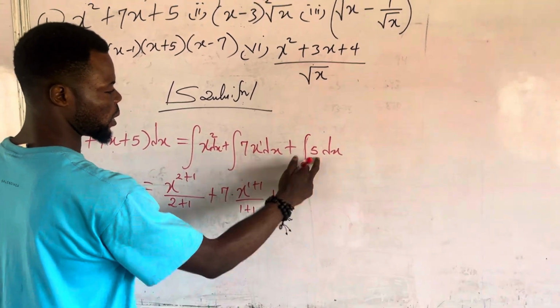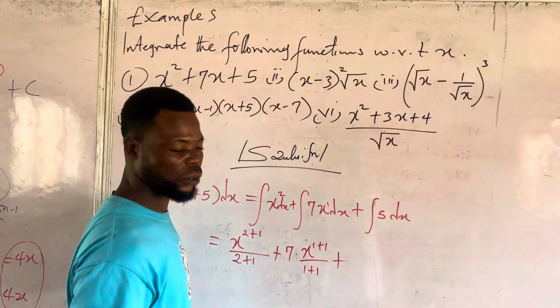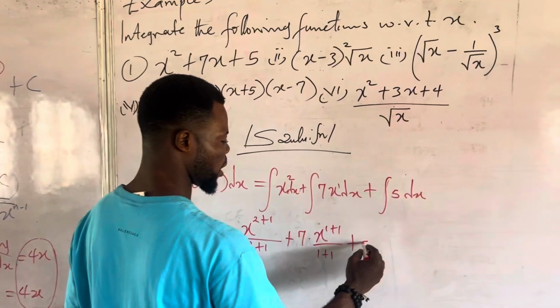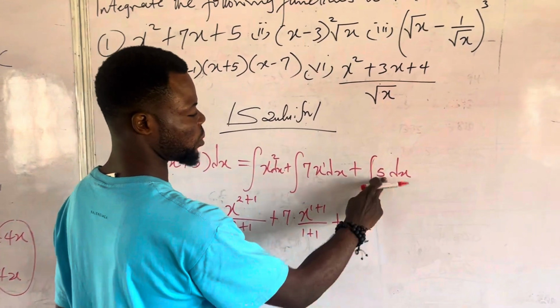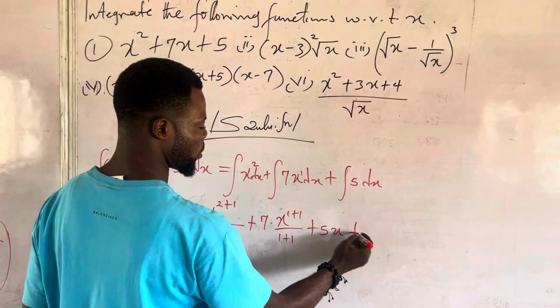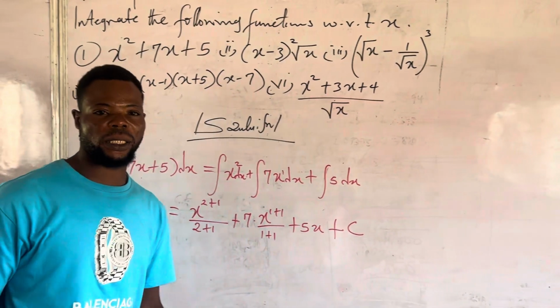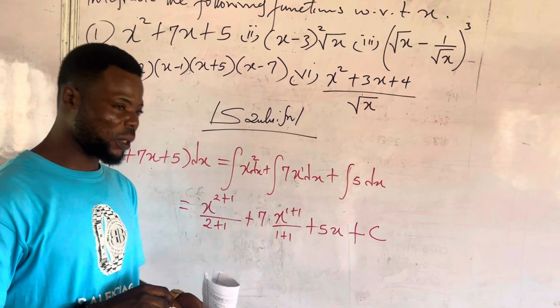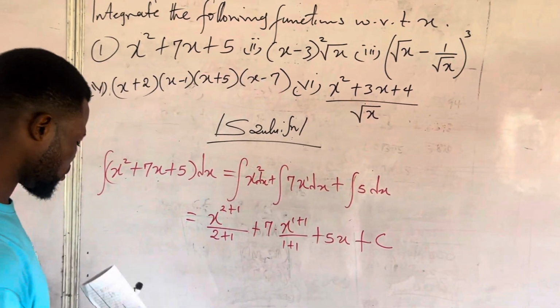Then plus, this is a constant term, all you just do is add x to it. Then plus a constant term, like I said, always put the constant term to it.